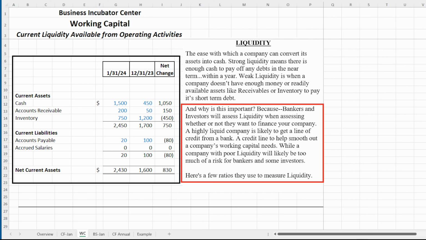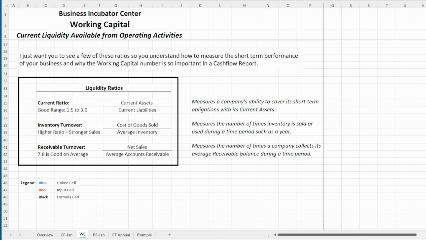Here's a few ratios that bankers and investors use to measure liquidity. I just want you to see a few of these ratios so you understand how to measure the short-term performance of your business and why the working capital number is so important in a cash flow report.